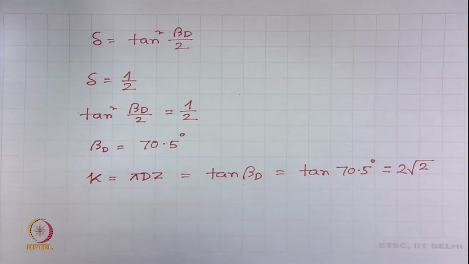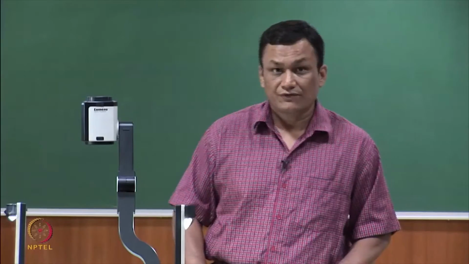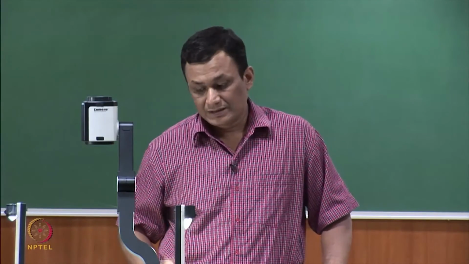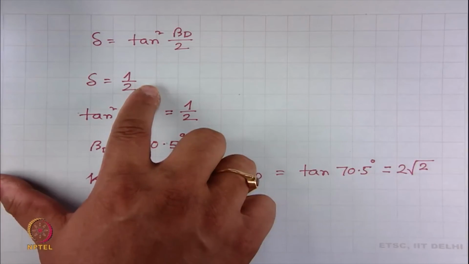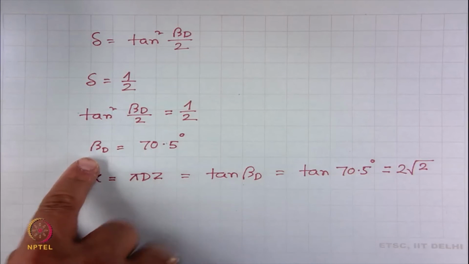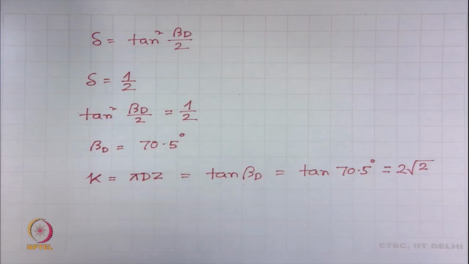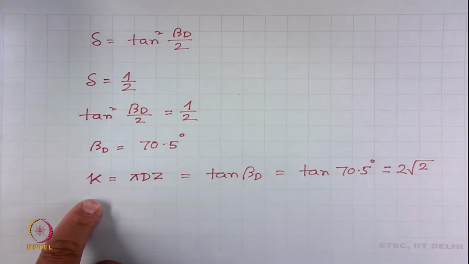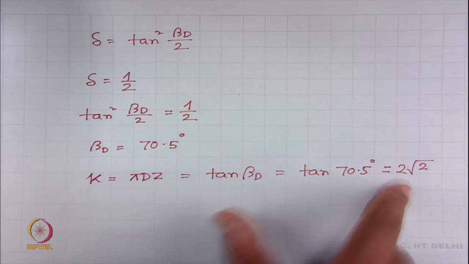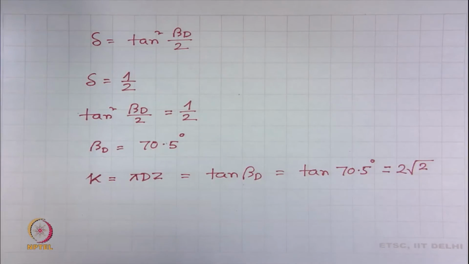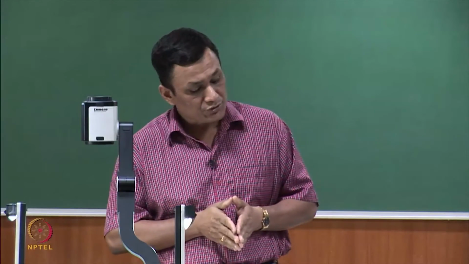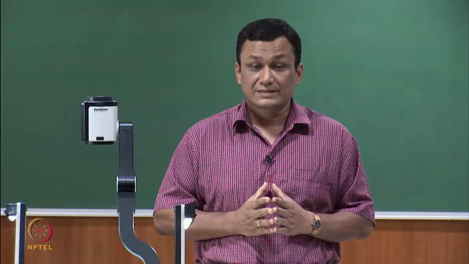So, what we found is that there is a limit of retraction, that is half. Accordingly, there is a limit of twist angle of surface fiber, that is 70.5, and also then there is a limit of twist intensity, that is 2 root 2. So, theoretically also limit of twisting exists.